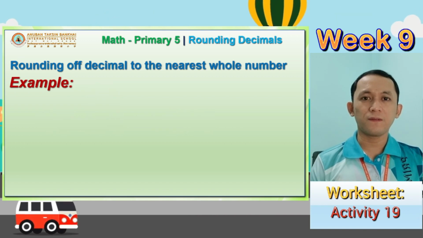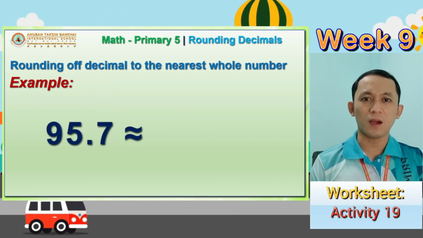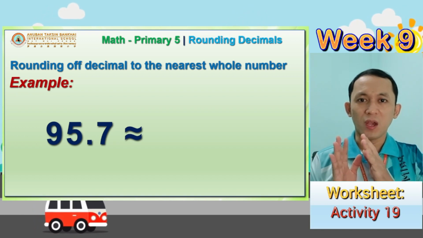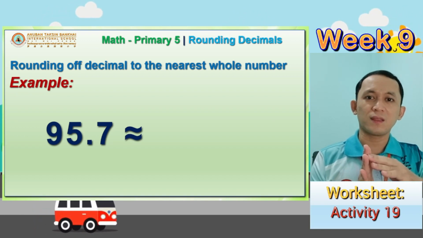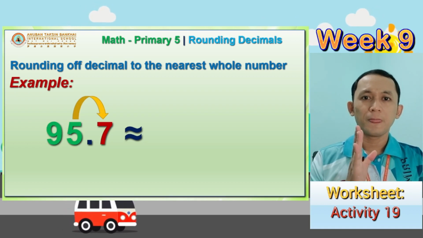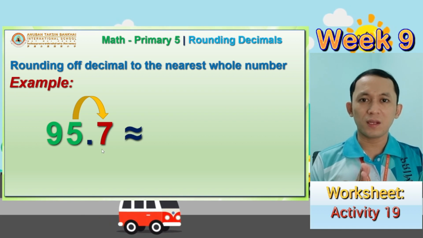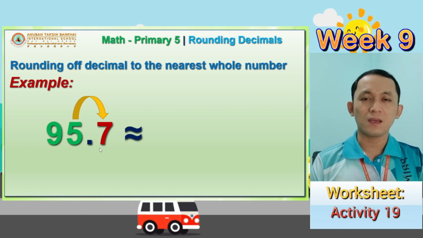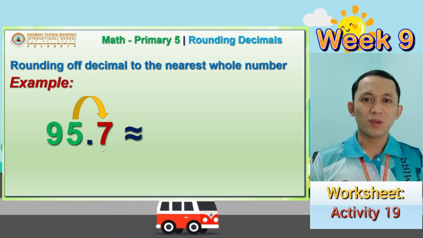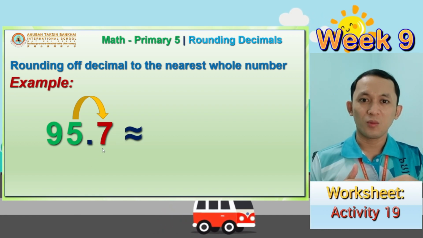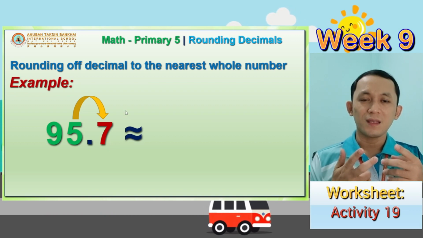Okay, let's have another example. We have 95.7 is approximately equal to blank. Again, let's check the whole number and the digit on the right side. Our whole number is 95 and our digit on the right side, the tenths place, is 7. So is this round up or round down? Yes, very good.